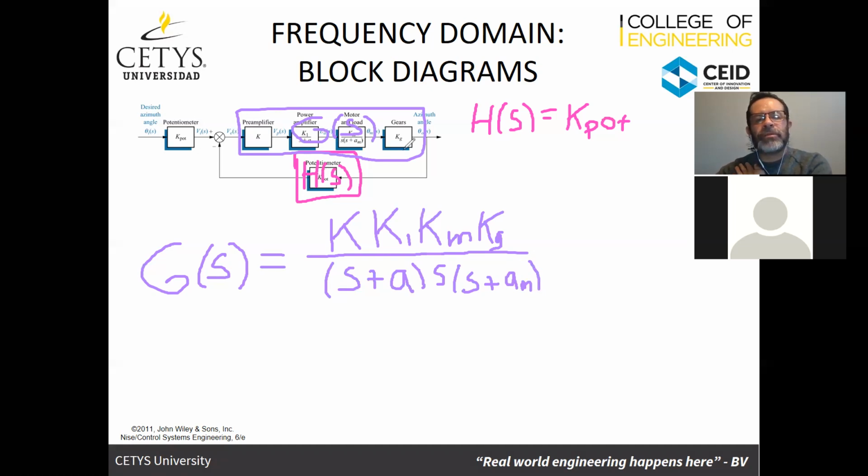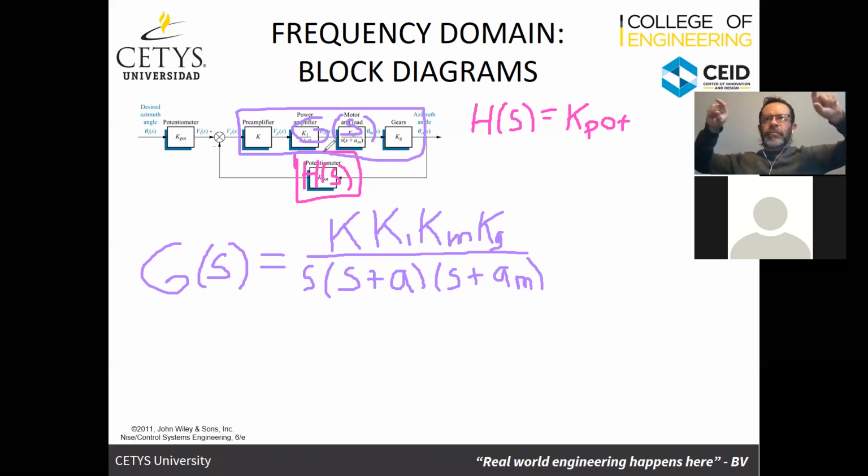That's the denominators being multiplied. But I don't like the way that looks because I don't want this s here in the middle. Just to do this in a bit more order, I'm going to put the s over here and just do this, which would be equivalent, plus am. That would be the forward transfer function, which is the transfer function of the block that's on top.